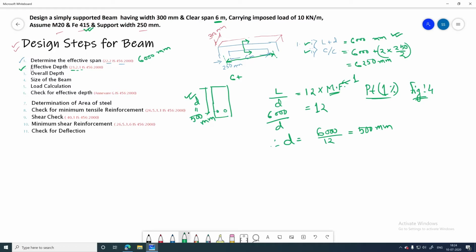Now I go back to the initial step, that is step number 1. In step number 1 I determined 6000 and 6250.